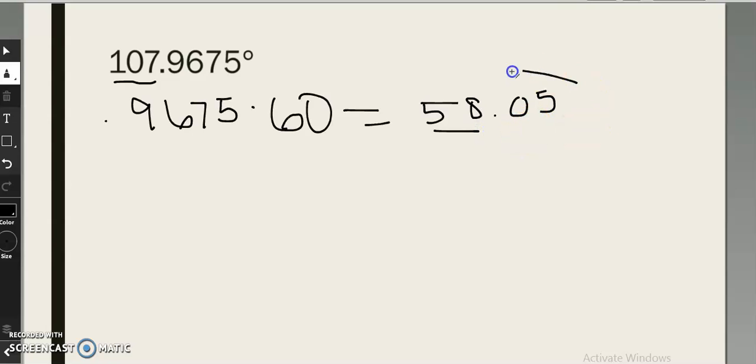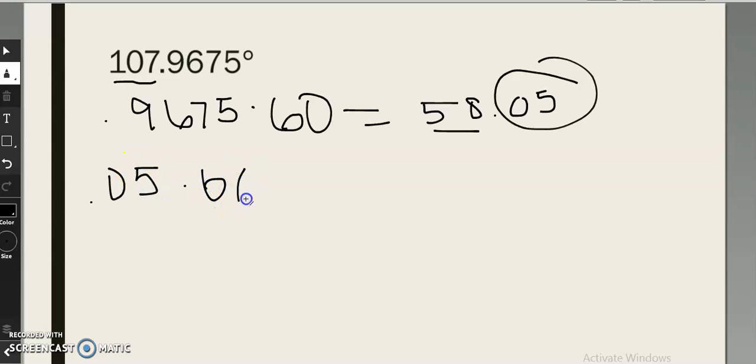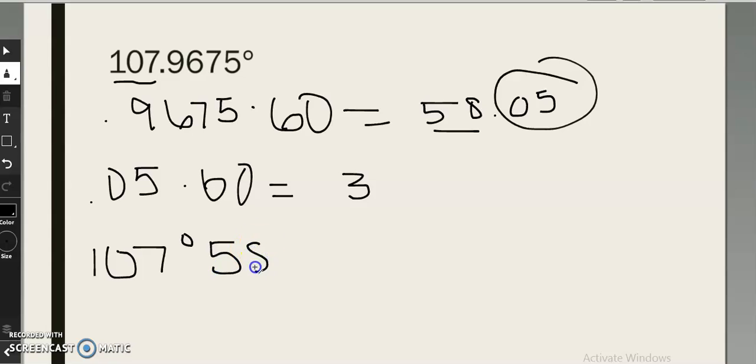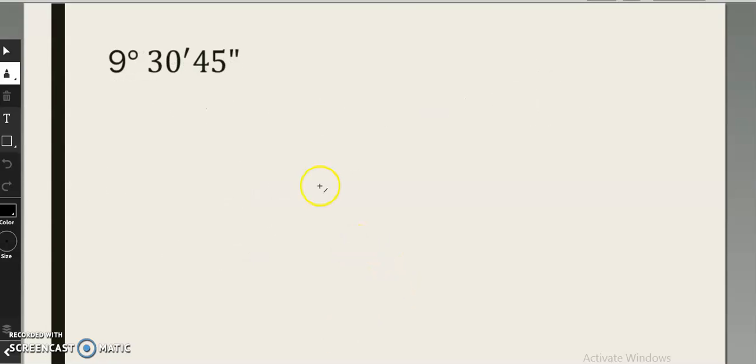Now I'm going to take my 0.05, multiply that by 60, and we all know what that is. To get our seconds, we get 3. So we write this as 107 degrees, 58 minutes, 3 seconds.